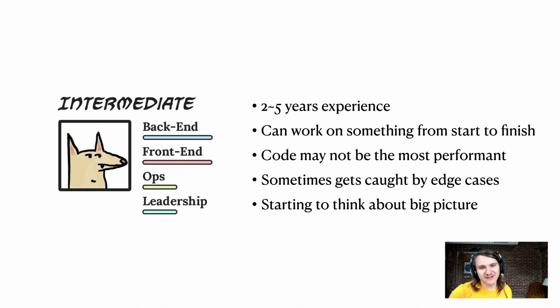This is someone I generally think of as having 2 to 5 years experience. Maybe they've stayed at the same company in that time, maybe they've had a couple different jobs. They can generally take a task and work on it from start to finish, but will need some guidance, maybe on how things should be set up or the expectations, or maybe some of the tricky parts they might need some support with. Maybe the code they're writing isn't the most performant, but it's functional.